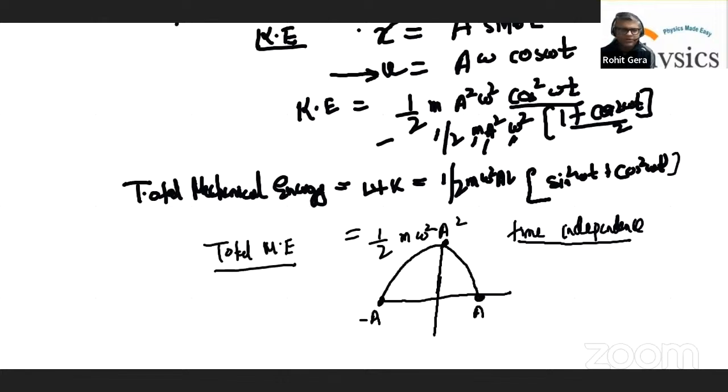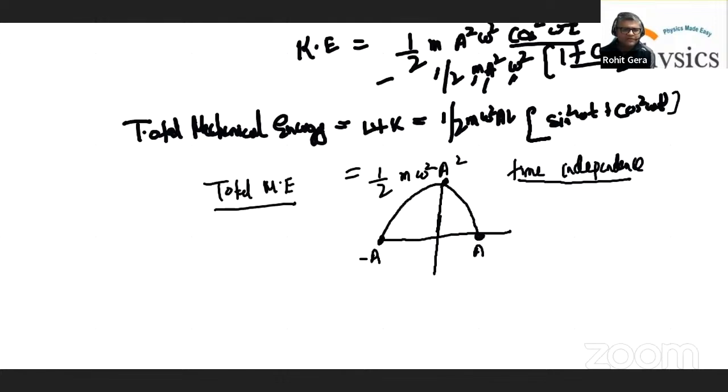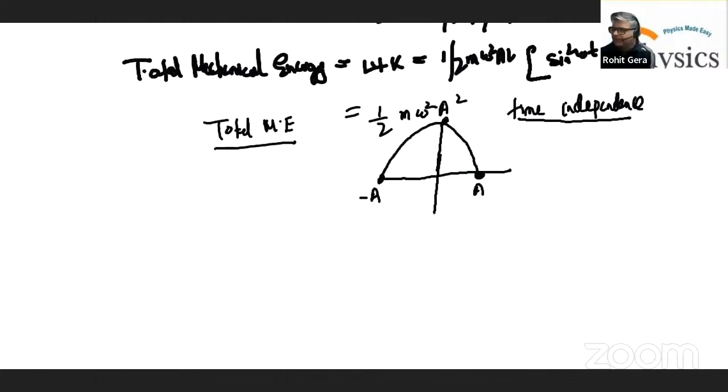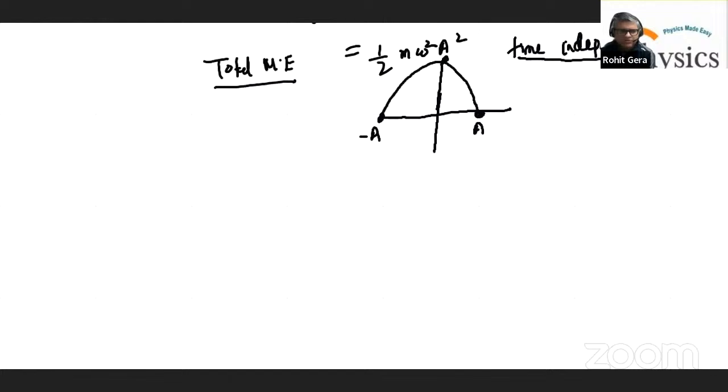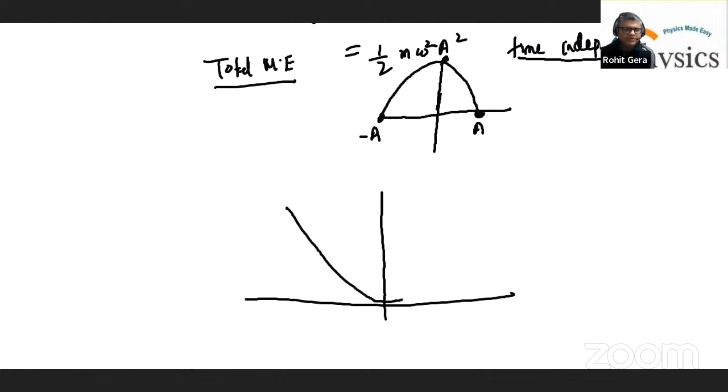So if you have to draw the total graph, a graph of kinetic energy and potential energy together, what you do is you say, okay, ये मेरी ग्राफ हो गई पोटेंशियल एनर्जी की हाफ के एक्स स्क्वायर की, और जो टोटल माइनस हाफ के एक्स स्क्वायर वाला मेरा पैराबोला है, उसके जो एक्सट्रीम पॉइंट्स हैं वो मेरे ये हैं. मैं उसको ऐसे बना लेता हूँ और ऐसे ले जाता हूँ, राइट?